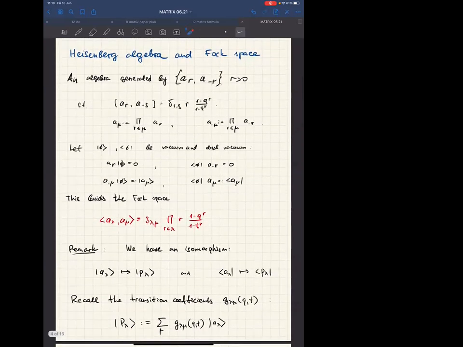So the Heisenberg algebra is generated by two sets of operators, a_r and a_{-r} with positive index r. The operators a_r are called annihilation operators, and these are called creation operators. This algebra is defined by the commutation relation written over here. From this relation, it's obvious that the positive modes, the operators with positive index, commute with each other, and the operators with negative index also commute with each other.